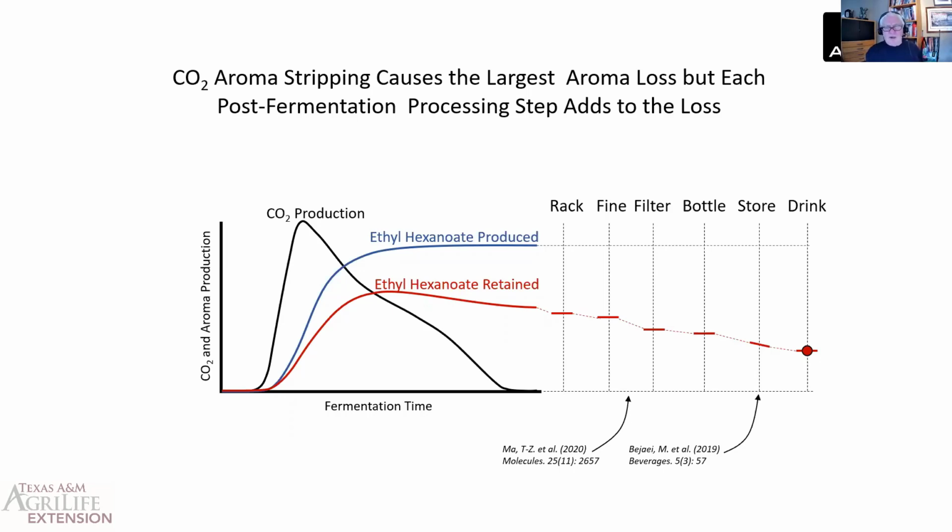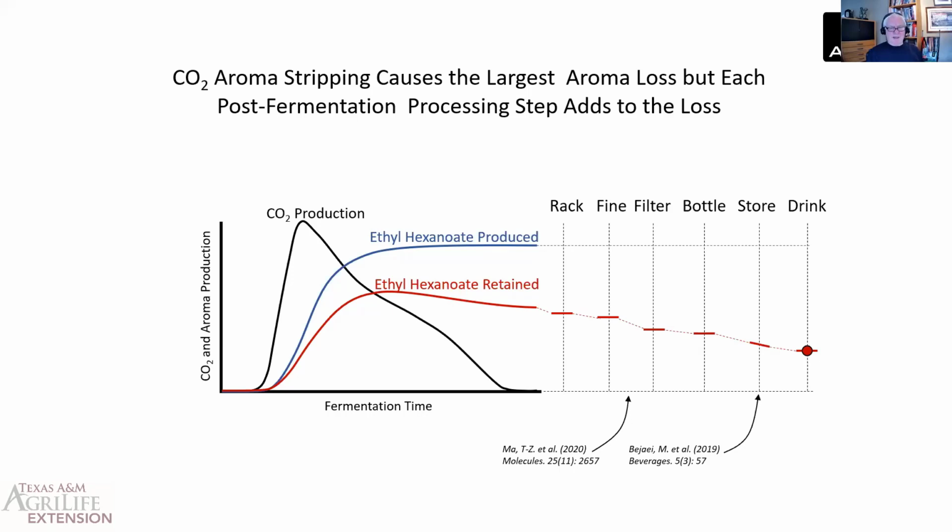Well, then we store the wine for a few months at least, and you see the aroma concentration continues to deteriorate. And this is due to a process called hydrolysis. So if it was ethyl hexanoate in the wine, we would find that that would decrease with time in the bottle. And the reason it decreases is there's a natural reaction of esters where they break down into their component parts.